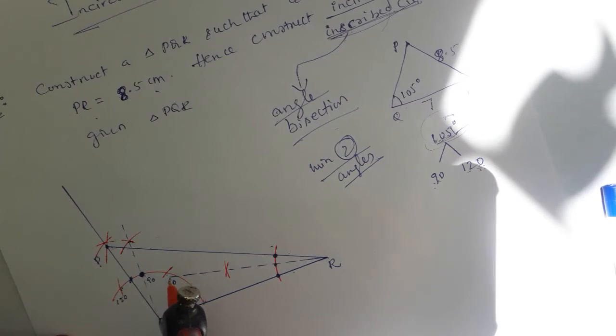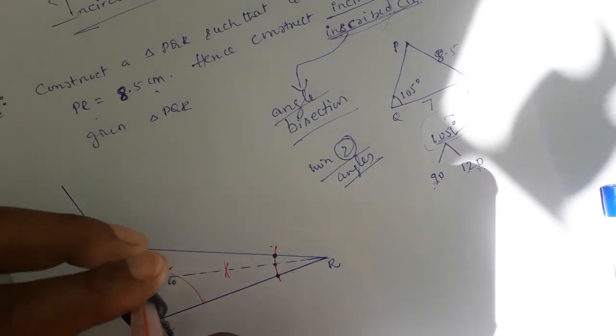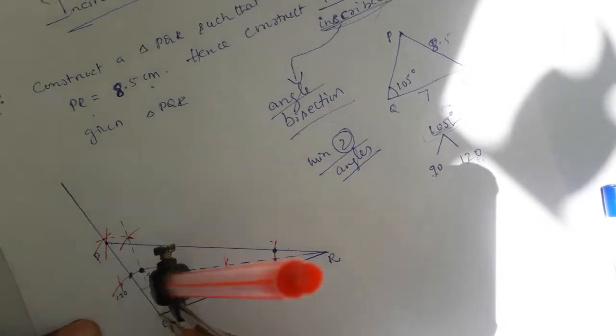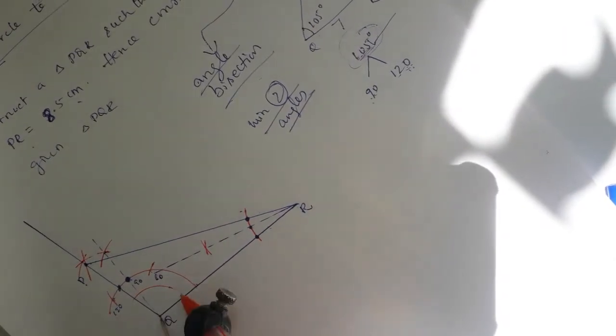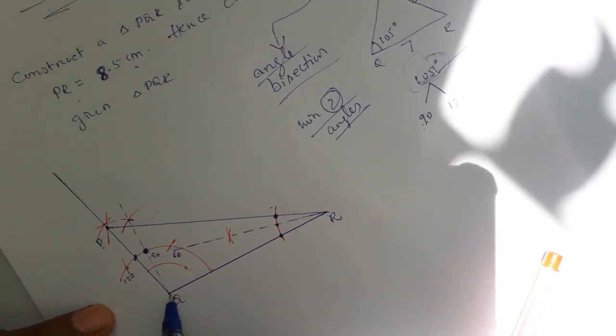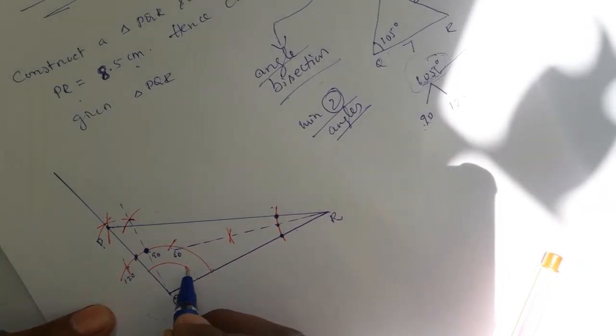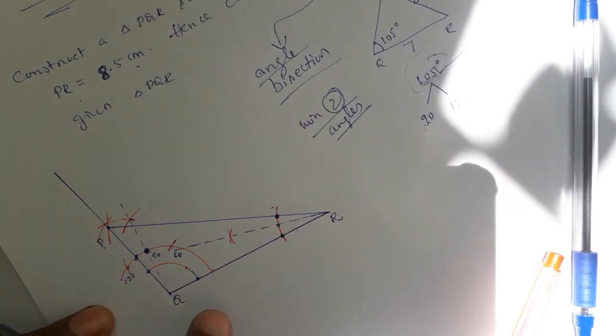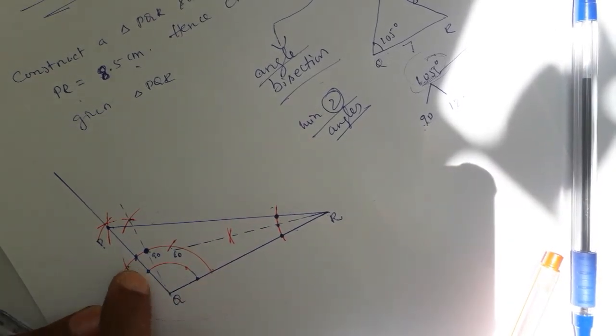So I go to Q now. First you mark one arc, like this. Got it? From Q, one arc. That arc meets the sides at 2 points, here one and here one.